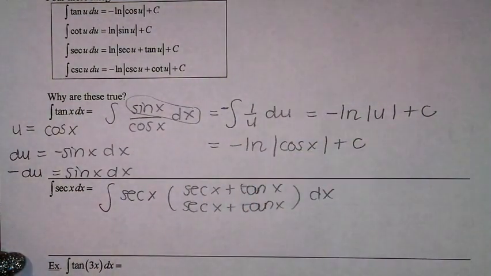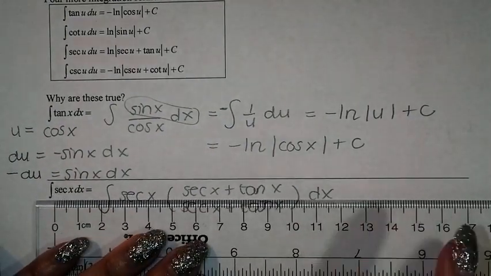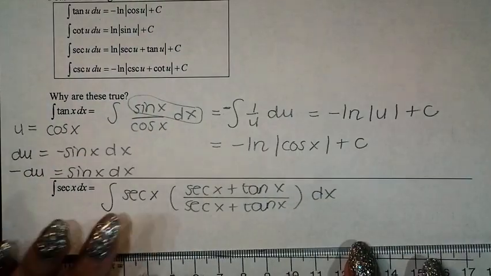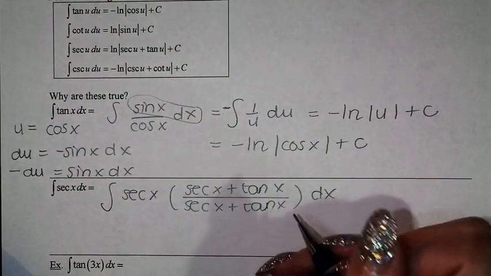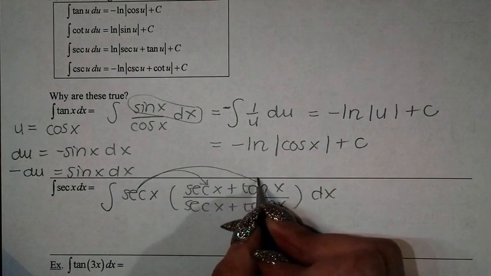Let me put my ruler here so you can see this situation. You're going to multiply this times the secant and this times the secant.